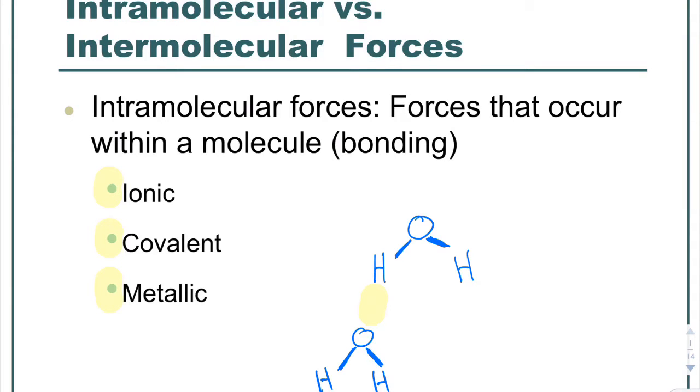And we have talked about this before. We have called this hydrogen bonding. Hydrogen bonding is occurring between the slight positive we have on the hydrogen and the slight negative we have on the oxygen. So it is between the molecules. This is an example of an intermolecular force.